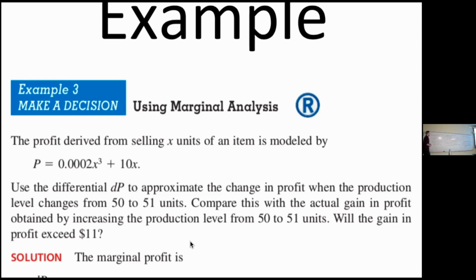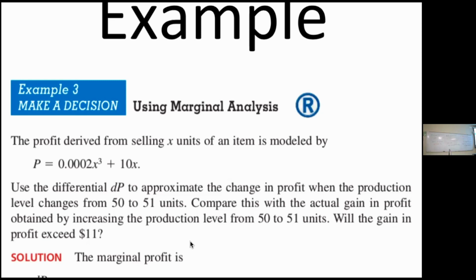So dP comes out to be 11.5 and delta P comes out to be 11.53. In other words, the approximation is undershooting by only about 3 cents. That's a pretty close approximation, right? Since the actual change is 11.53, this is only off in the negative direction, which isn't a half bad thing, right? If you're estimating what your profits are going to be, you probably want to underestimate, not overestimate, right?